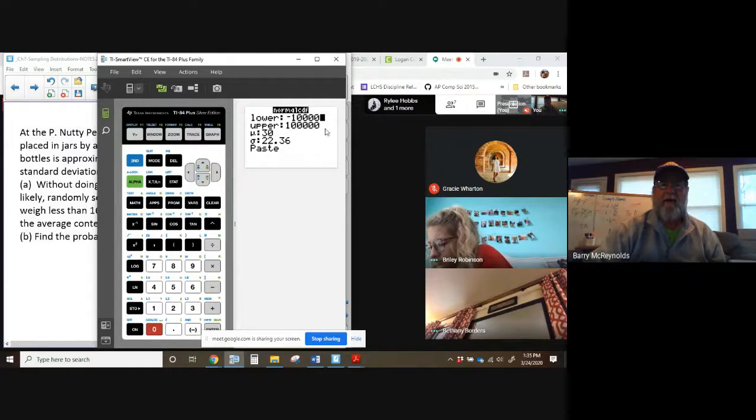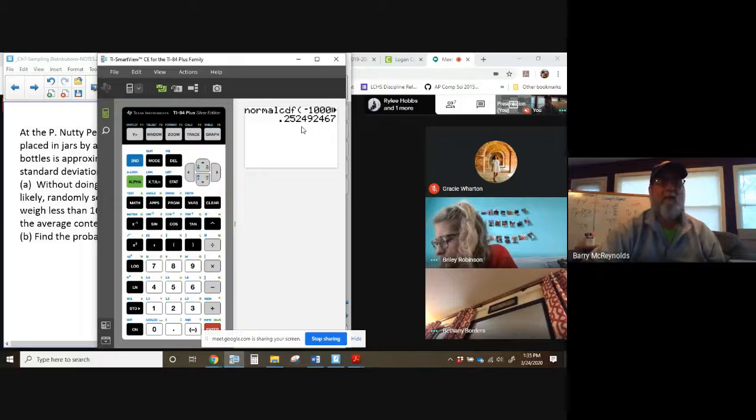My upper goalpost is 16 ounces. My mean was 16.1, and my standard deviation was 0.15. I do the calculation, and sure enough, there's my 25% or 0.25.